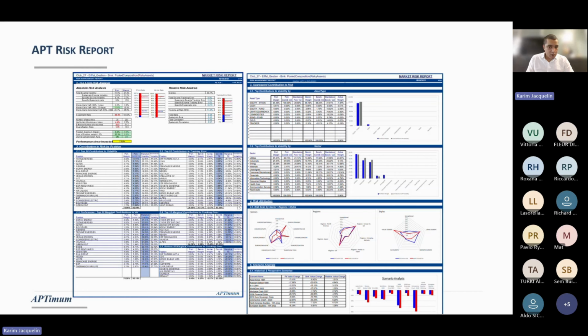So it's not always relevant because your strategy may be very well different from the average population, but we can replace, if you wish, this benchmark with some custom benchmark, and we could also use the FCI indices so that you have a more relevant benchmark to run the relative risk analysis.